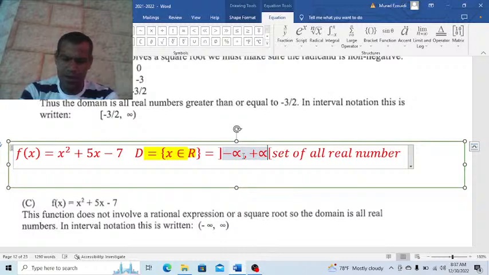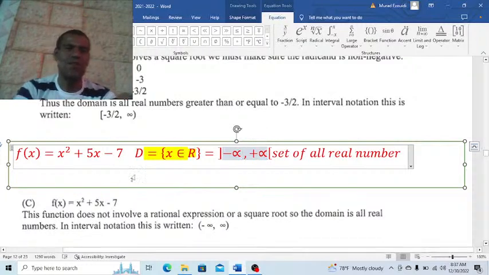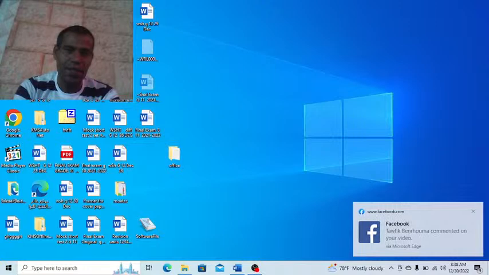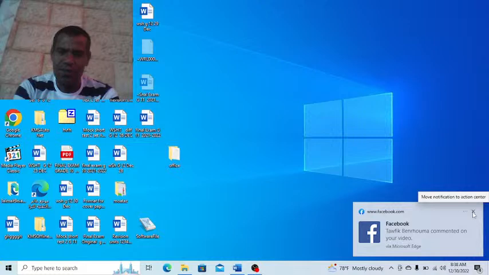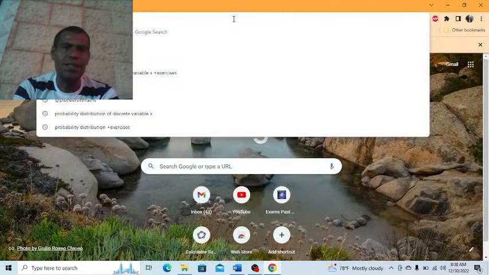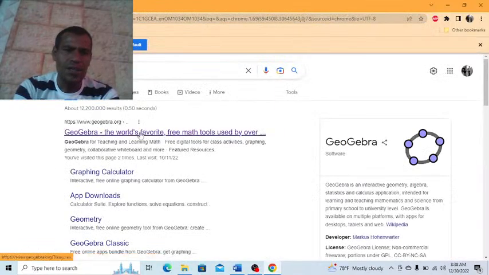So we continue. It's clear for you that the domain of this function is all real numbers. Why? Simply because if we use, let's say, GeoGebra, I will just show you something. This is GeoGebra.